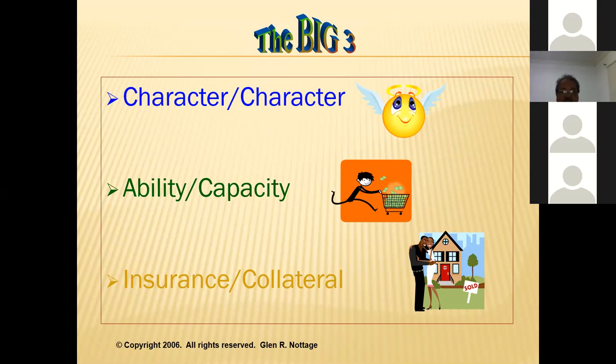Those 3, that's your big 3. I've extracted the 3 main ones out of Campari, and the 3 main ones out of credit Cs.